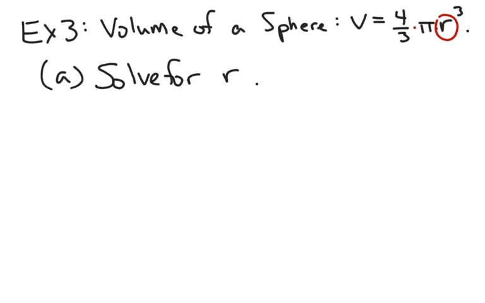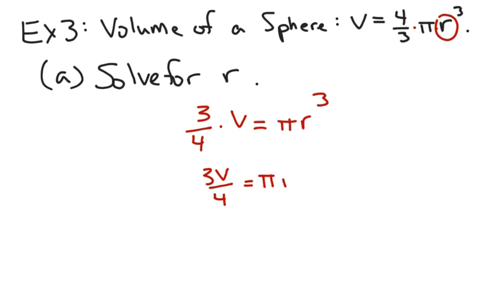The 4/3 and the pi are both being multiplied, so how do you get rid of multiplication? Well, you get rid of 4/3 by multiplying the other side of the equation by its reciprocal. So you'd start by multiplying by 3/4. We'll call that 3V/4 just to make it look a little bit nicer. Then we're going to get rid of pi. Remember, we still want r to be by itself.